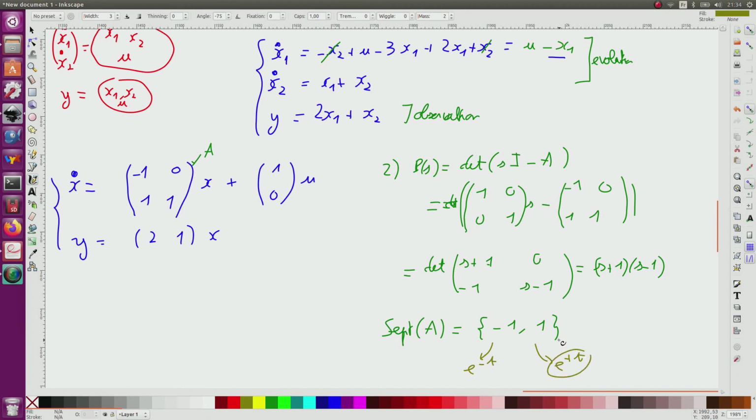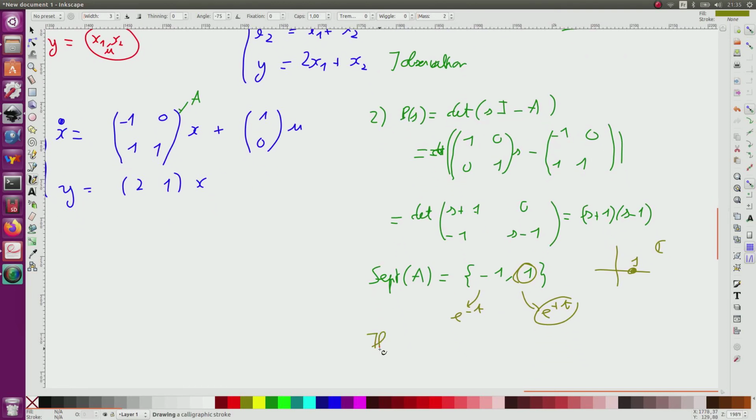Due to this, the system is not stable. This is due to the fact that one of the roots, or one of the poles, or one of the eigenvalues of A, is in the right half plane of the complex plane. As a consequence, I conclude that the system is unstable.